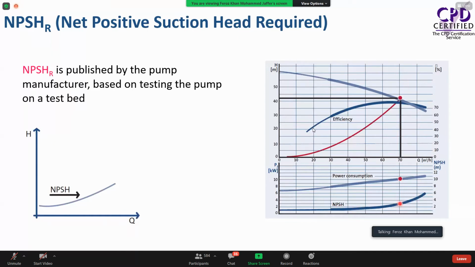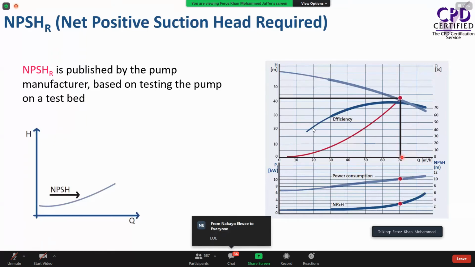If we go towards the left-hand side, the NPSH requirement will come down, which is good for the pump. If we go towards the right-hand side of the curve, as you see, the NPSH required will go up. It means we need to be very cautious and ensure that what is required is being met.